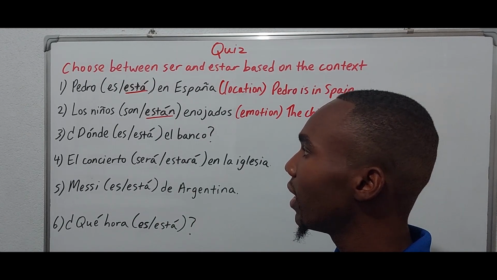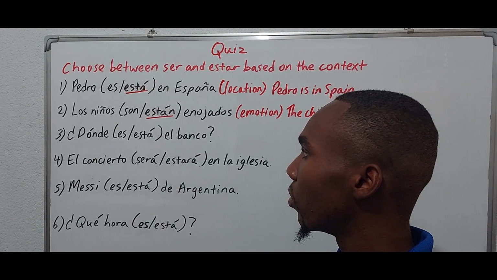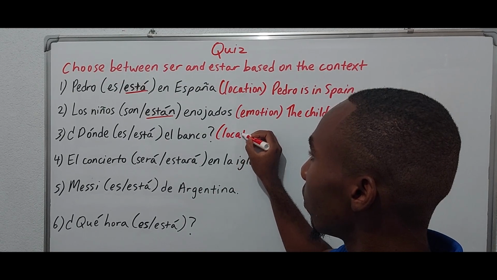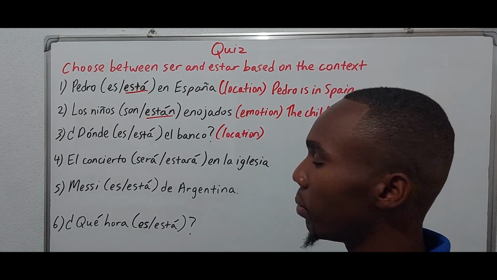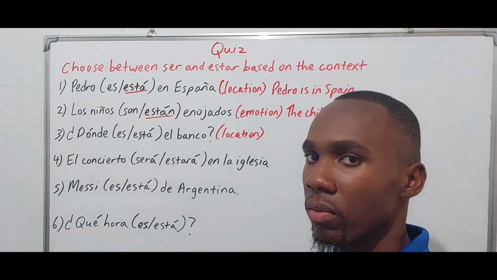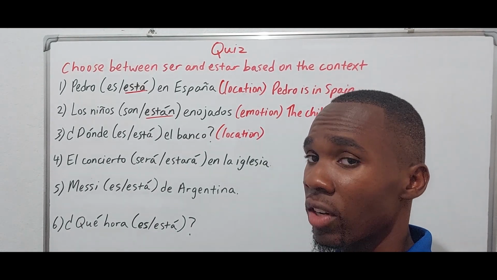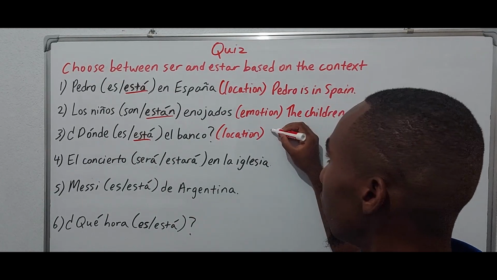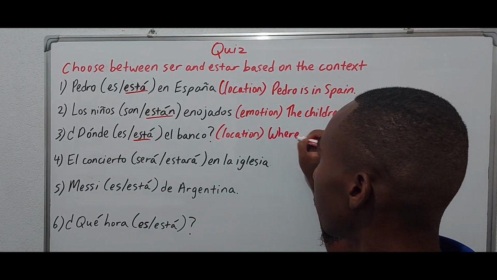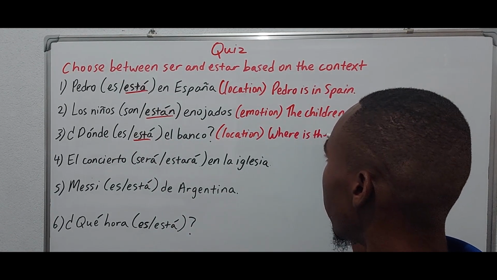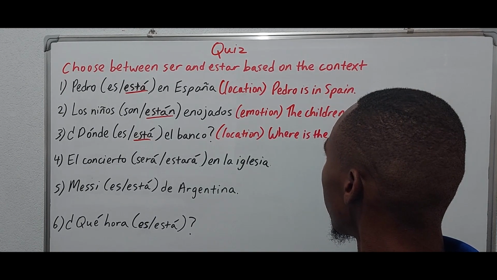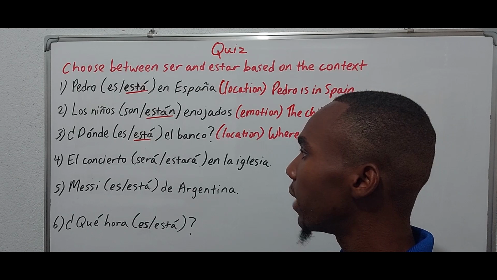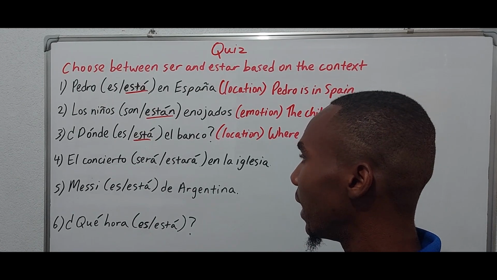3, ¿dónde es o está el banco? Once again, location, but the location of what? A place, a building, right? So that is location in general, and that would be está. So where is the bank? 4, el concierto será o estará en la iglesia.